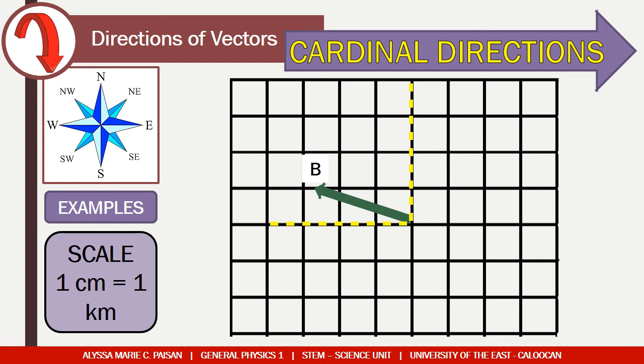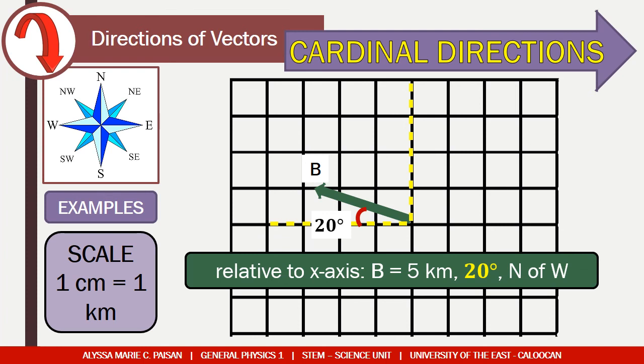Okay, now let's have vector B, and let's say that this angle relative to west is 20 degrees. And then again, we're going to use the magnitude of vector B that we used in the secondary direction. So we may write vector B as B is equal to 5 kilometers, 20 degrees north of west.